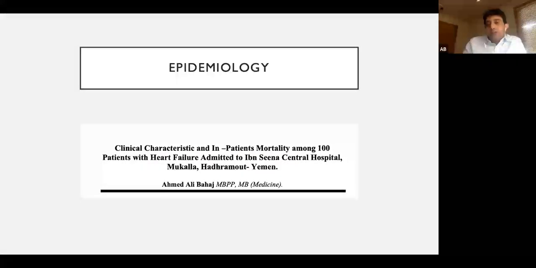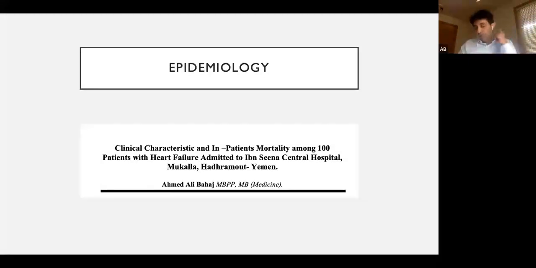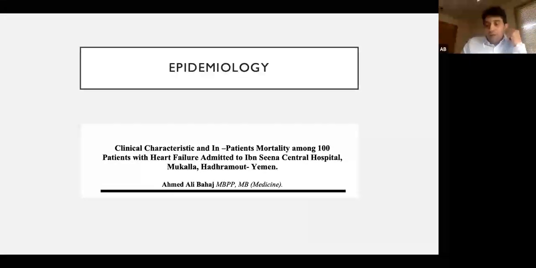And that's another study that I came across last night from Dr. Bahaj, I think from Al-Mukalla, and it just studied the clinical characteristics and inpatient mortality among 100 patients with heart failure admitted to Avicenna Hospital.